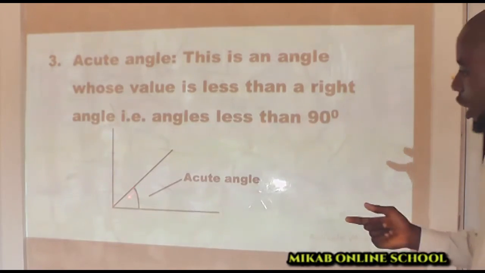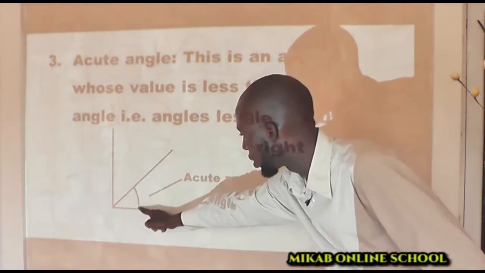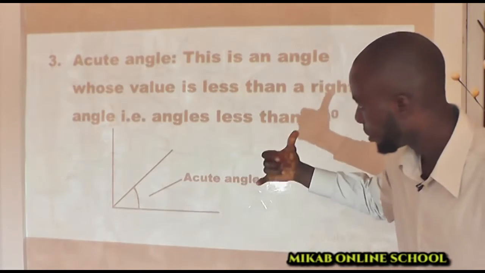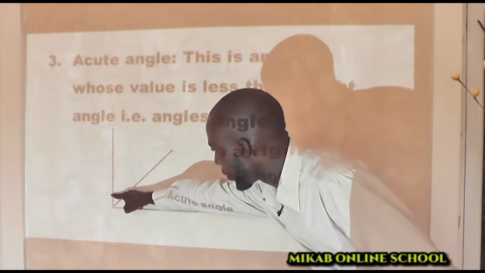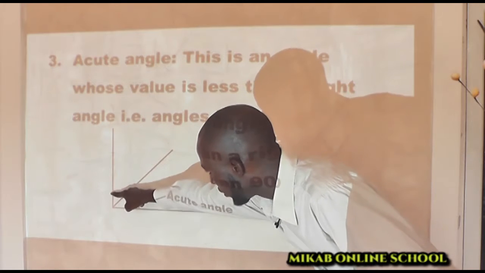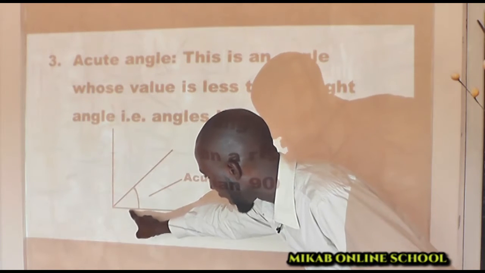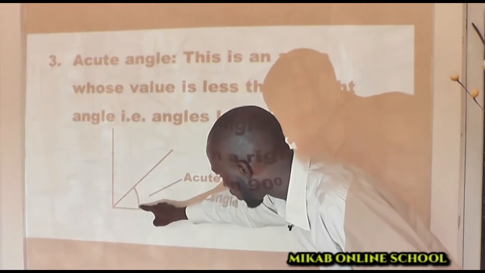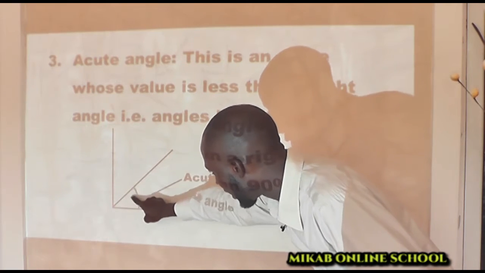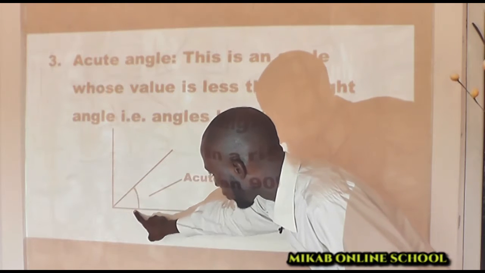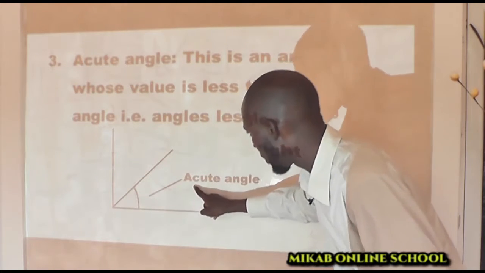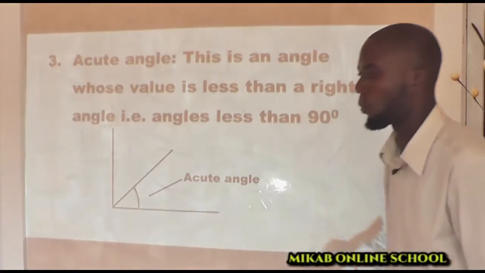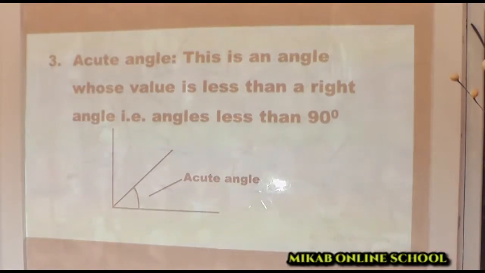We've said previously that the angle from this point to this point is 90 degrees. If you now have an angle from this point to this point, this one is less than the right angle. Therefore, it is referred to as an acute angle. And we said an acute angle is an angle whose value is less than 90 degrees.